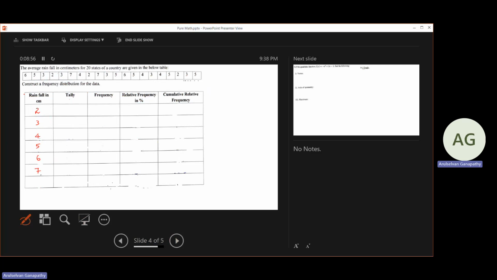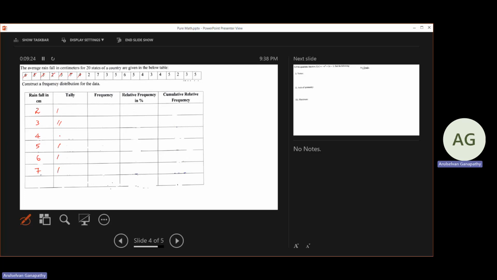Here the first is 6, so for the 6 we put 1 tally mark. 5, 1 tally mark. 3, 1 tally mark. 2, 1 tally mark. 3, the second tally mark. 7, 1 tally mark.